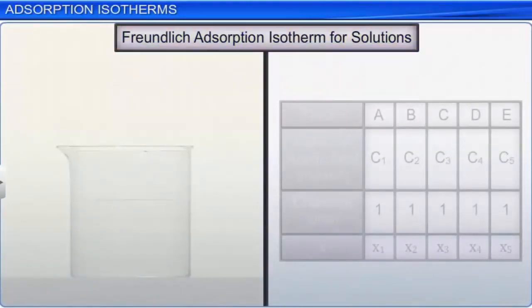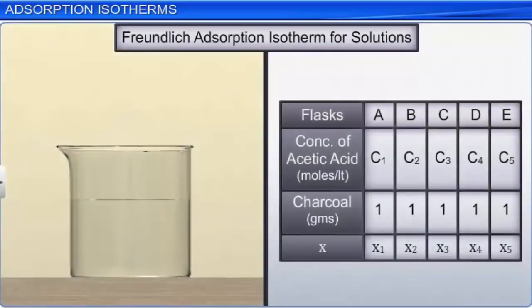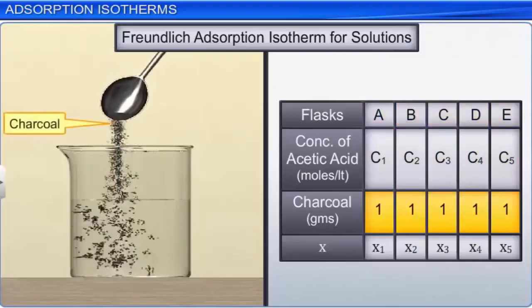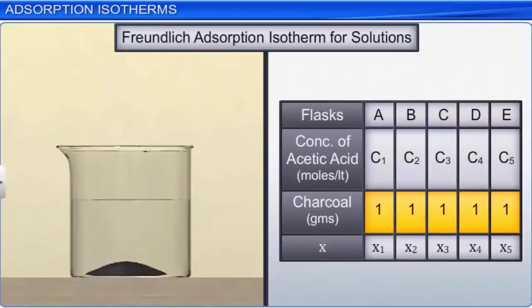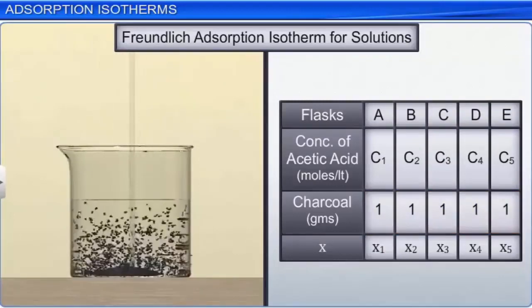Let us take the example of the adsorption of acetic acid on charcoal again. Take equal volumes of acetic acid of different molar concentrations in different flasks and add an equal amount of charcoal to each flask. Shake the contents in the flasks and keep for some time.